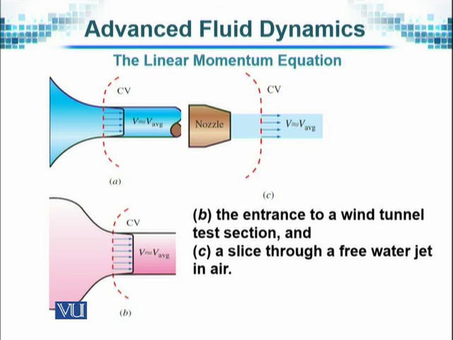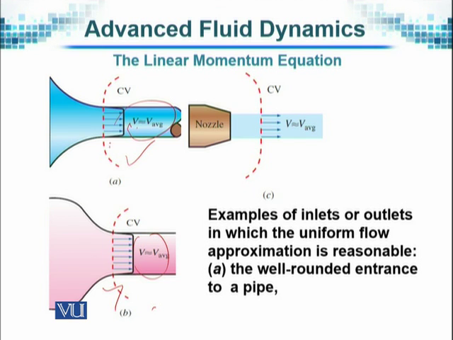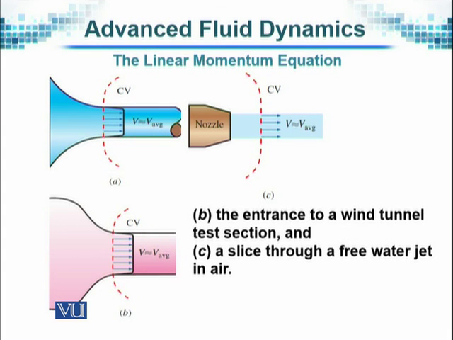In the first picture, you see a well-rounded pipe in which the fluid is entering. The second one is a wind tunnel, used for designing and testing many things that we make, to see how the fluid flows, how much drag there is, how much heat will be developed, and so on.